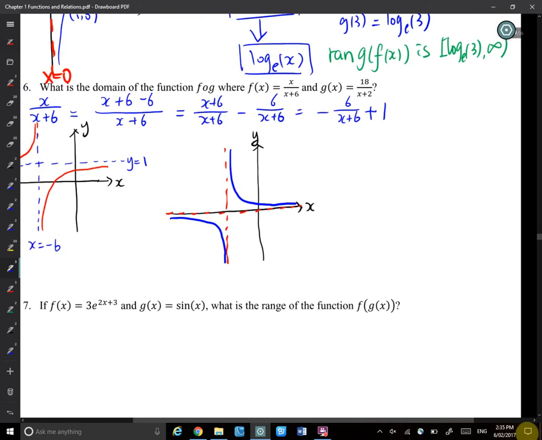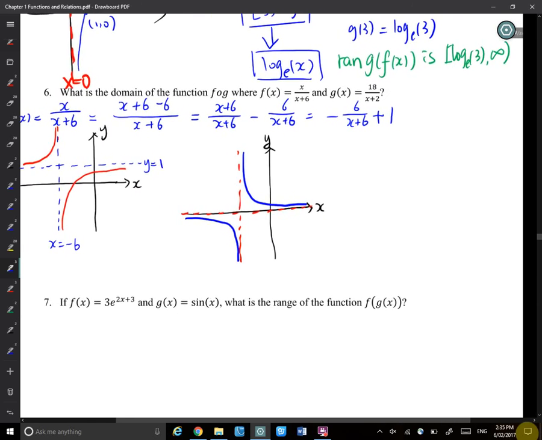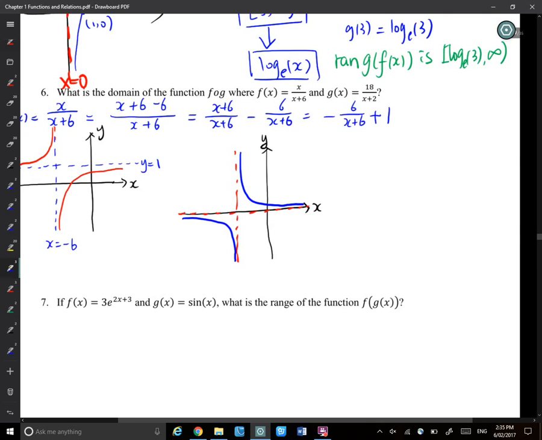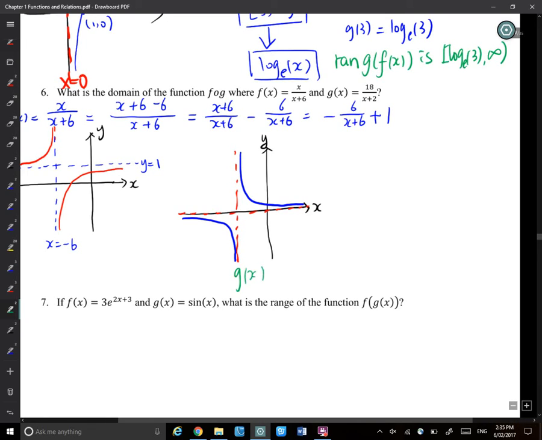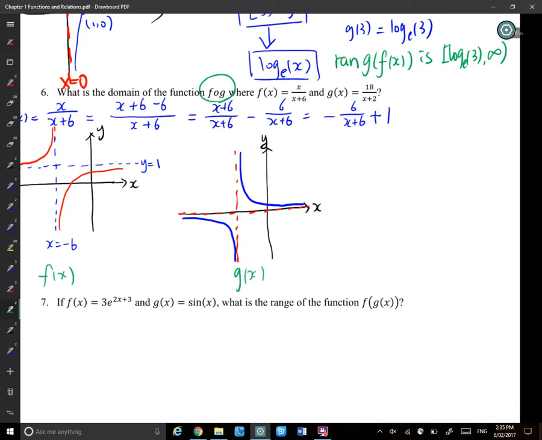Okay, now let's do the work. First, this is my g(x) function and this is my f(x) function. Think about this notation: is it putting g into f, or f into g? Put g into f, right?